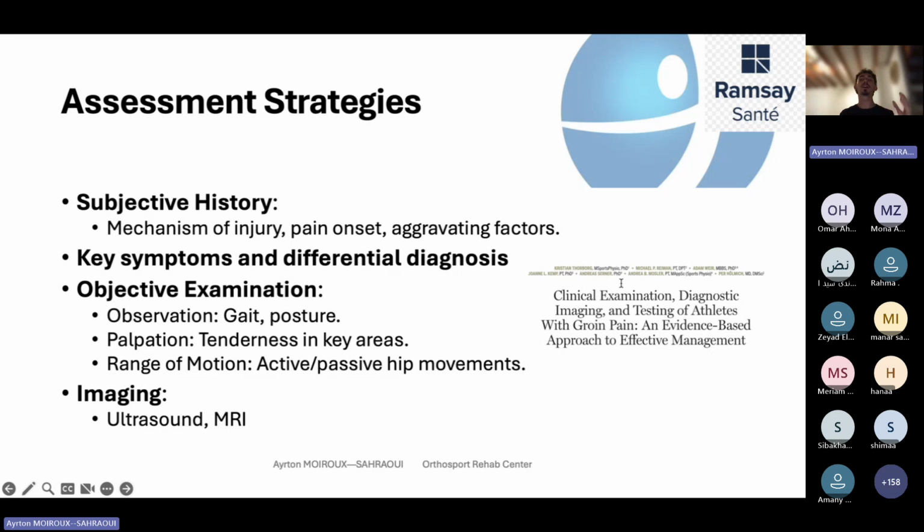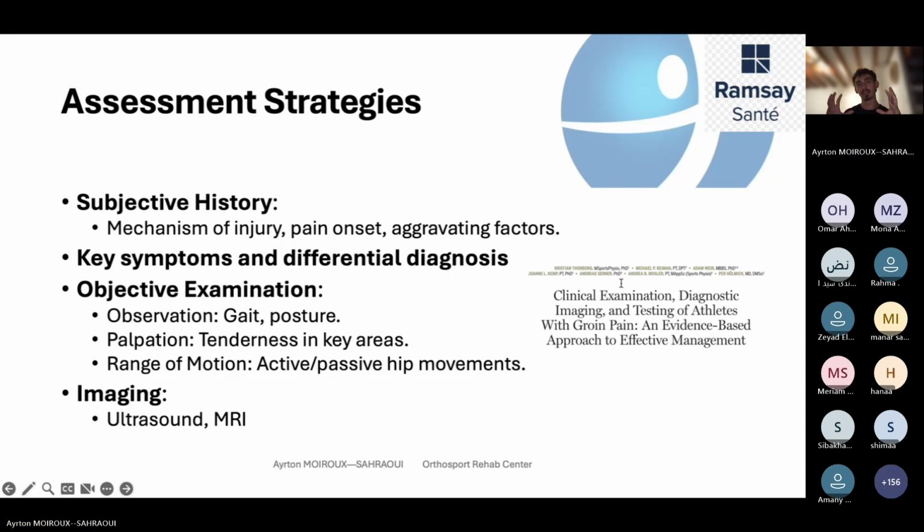Then we have the objective examination, of course. Observation, the gait, the posture of the patient, asymmetries or abnormal movement patterns, palpation. I will say palpation comes after all the tests that we are going to discuss, because if you palpate the groin area and it gives the patient some pain, then you will have pain in everything that you test.